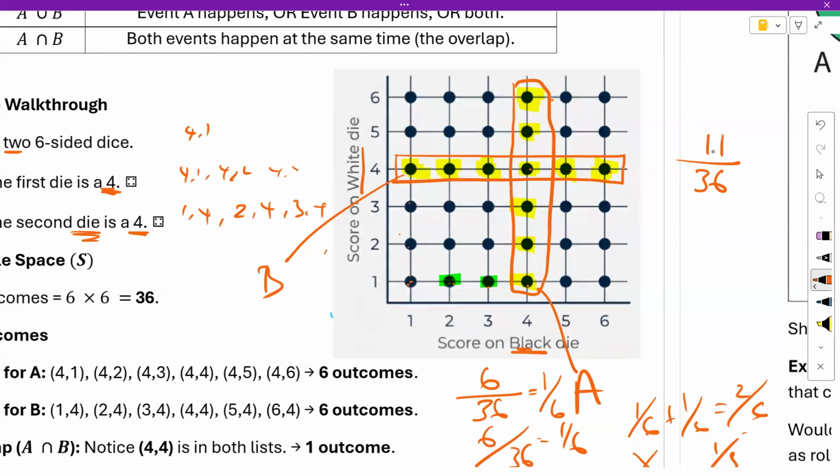Out of 36 possible outcomes, only 11 outcomes satisfy our expectations, A or B.